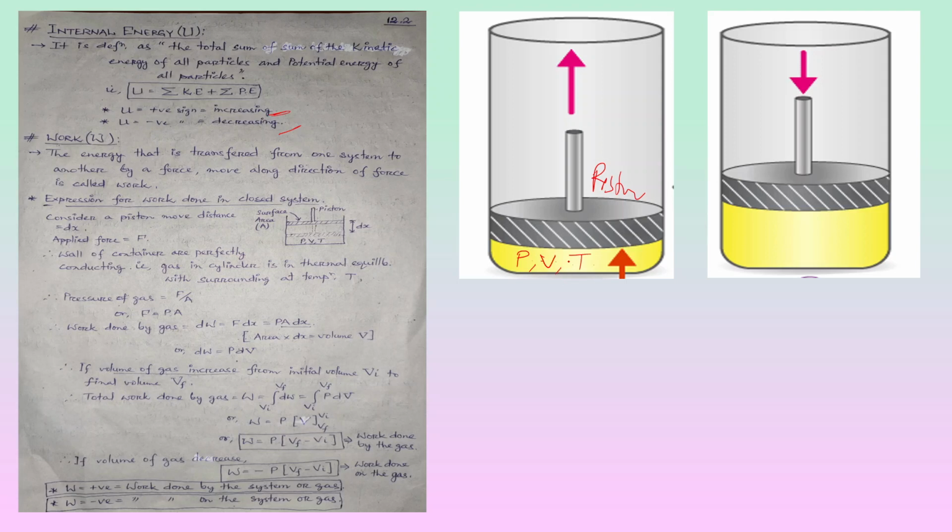Now when we give some heat, that means Q, then the gas present inside the system gets this heat, and the gas in the cylinder is in thermal equilibrium with the surrounding at a temperature T. These gases have a pressure represented by F by A, and F is equal to PA.